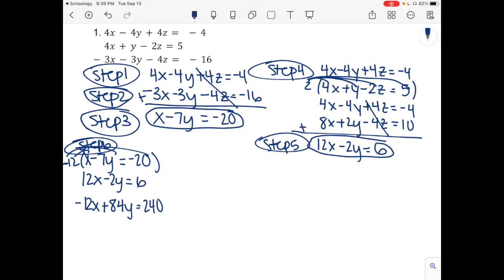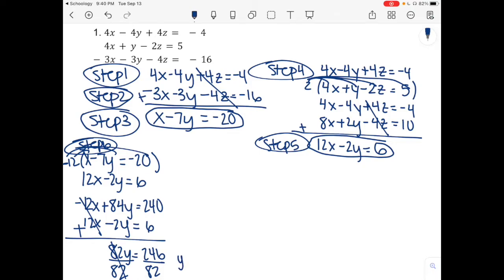And then copy down the second equation. No change there. So we are adding down. So x's are gone. 84 minus 2 is 82y, and then 240 plus 6 is 246. So then I'm going to divide both sides by 82 to get y. So 246 divided by 82. Y equals 3. Okay, so that was step 6.